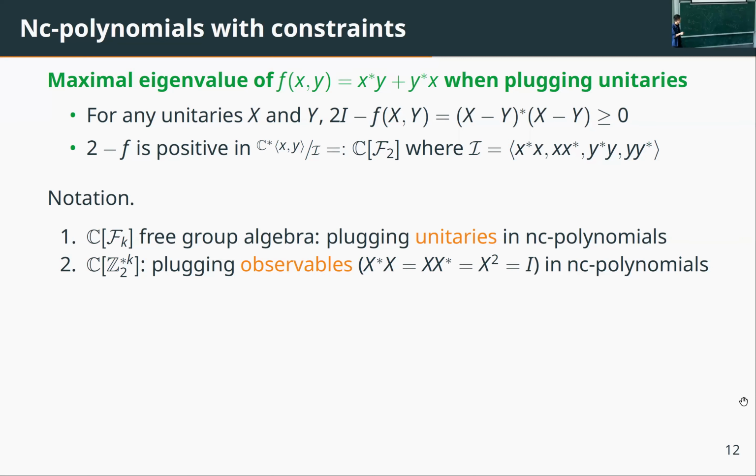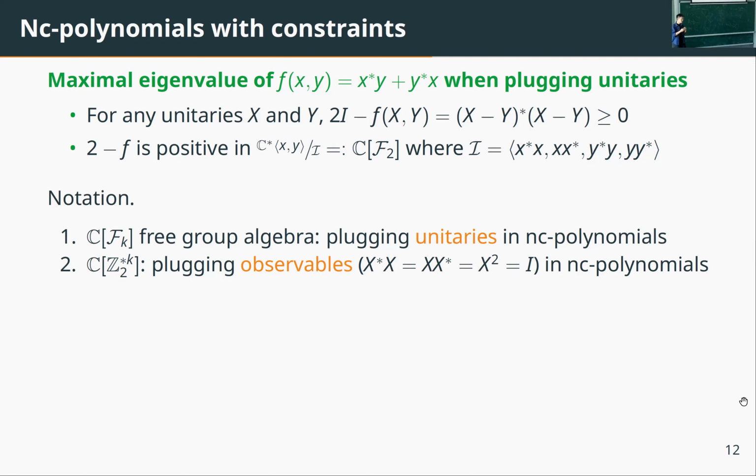So the generators in this group have order 2, and they are unitaries. So they are binary observables with two outcomes, like Pauli X or Pauli Z. So if you want to plug matrices or operators into this algebra, you must plug in observables.